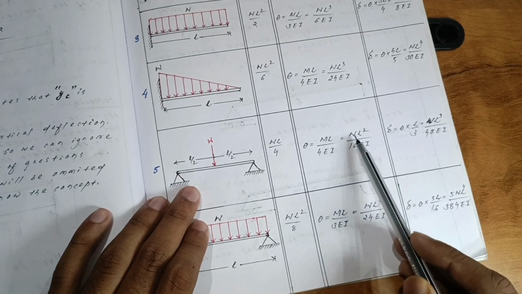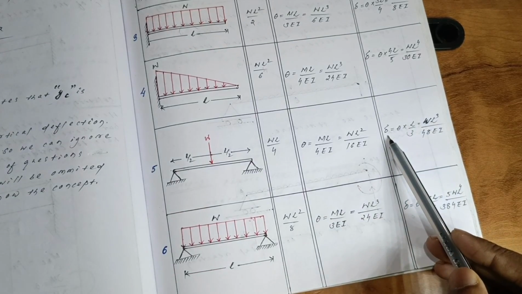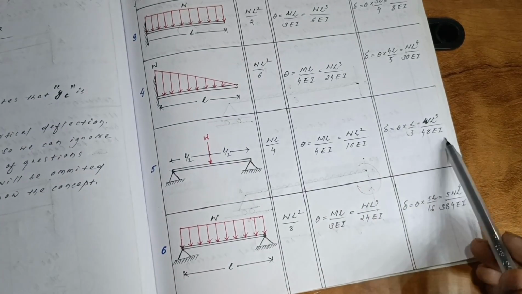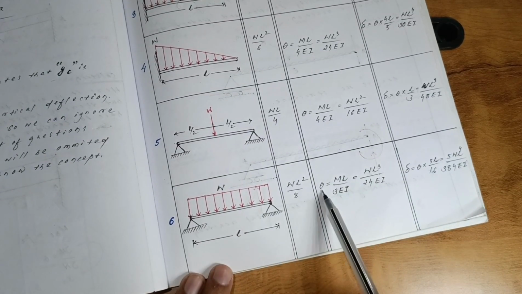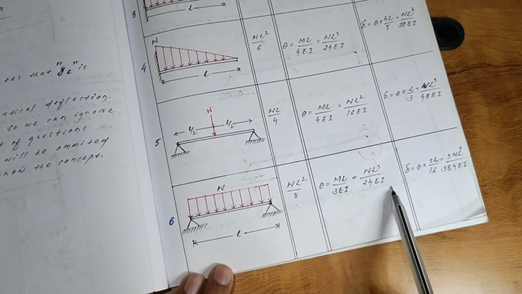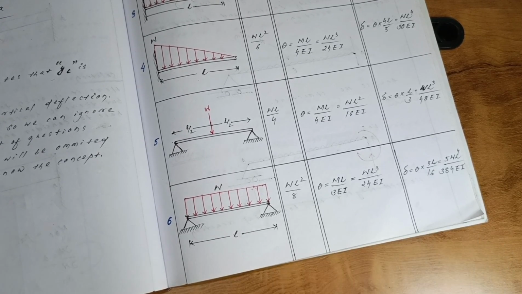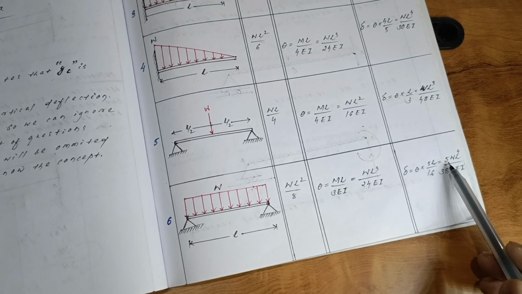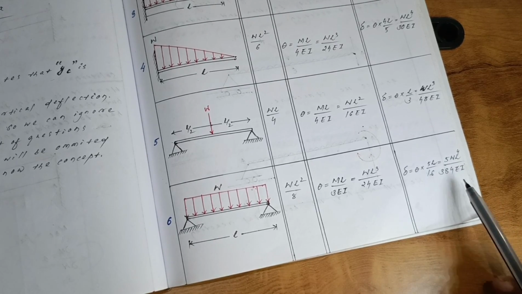We will put theta is equal to wL square divided by 16 EI. Then we will get del is equal to wL cube divided by 48 EI. For the sixth situation, theta is equal to wL cube divided by 24 EI. Del is equal to theta into 5L by 6. We will put theta is equal to wL cube divided by 24 EI. Then we will get del is equal to 5wL^4 divided by 384 EI.